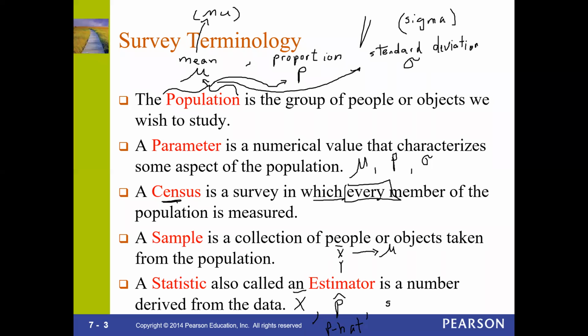P hat tries to get an idea of P. P is for the population, while P hat is for the sample, so don't confuse them.